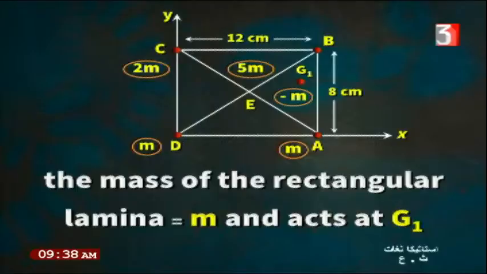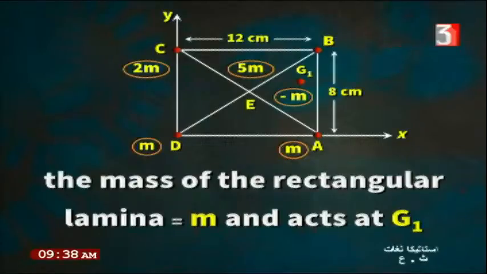Because the mass of triangle ABE equals a quarter of lamina ABCD. Excellent, student. The area of triangle ABE equals a quarter of the area of rectangle ABCD.